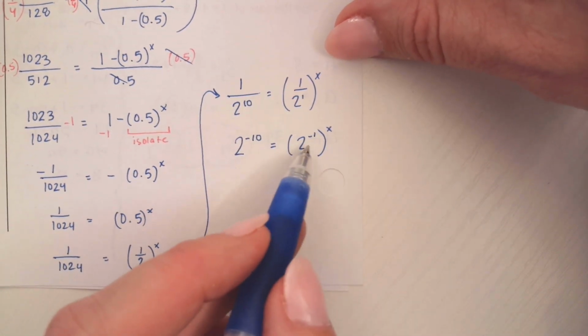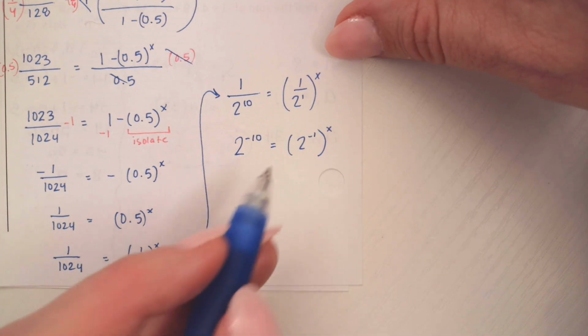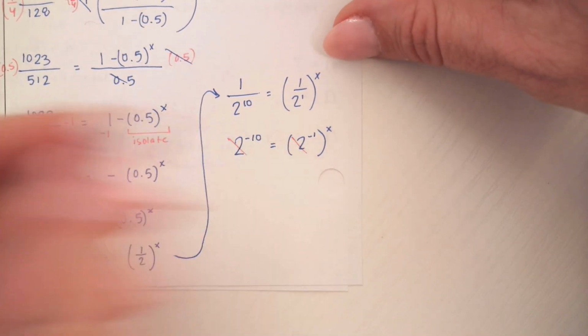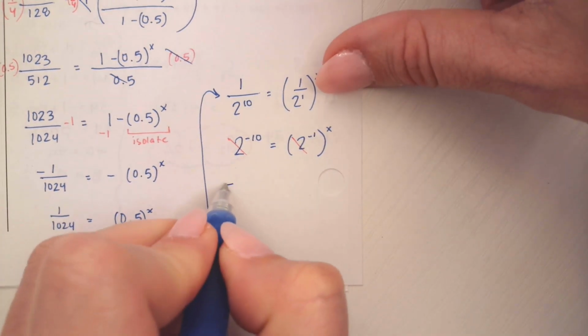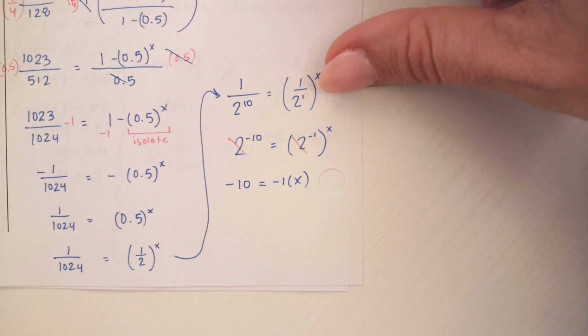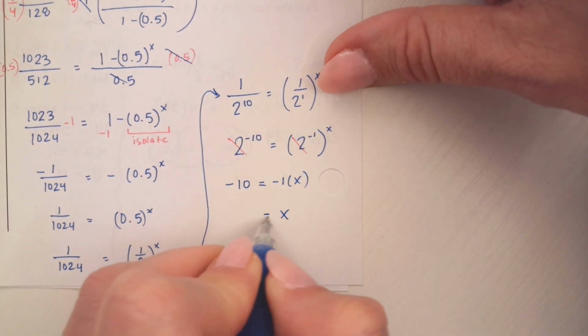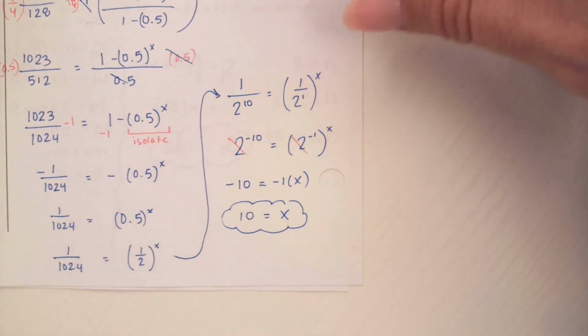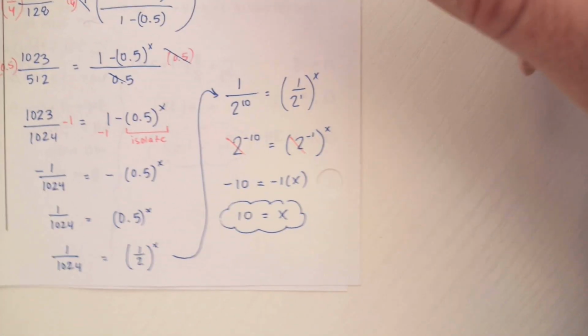Well, not x equals negative 10. X equals 10. You can cancel the two bases now because they're the same. And you would just get negative 10 equals negative 1 times x, which means x equals 10. Not even an extraneous answer. Ooh, that one was fun.